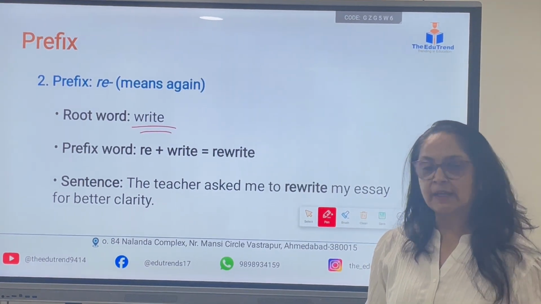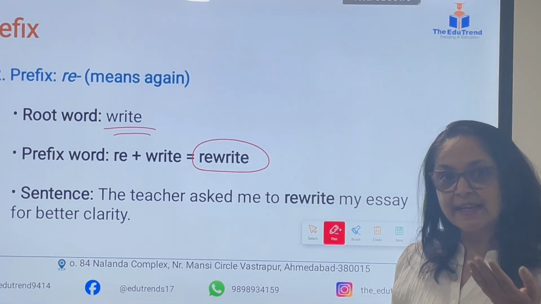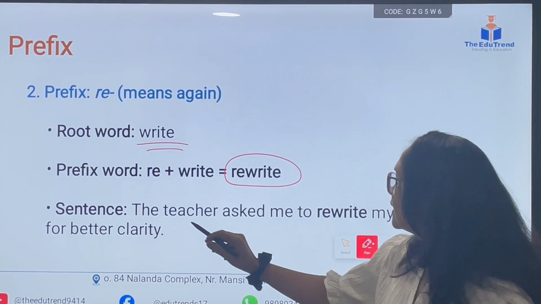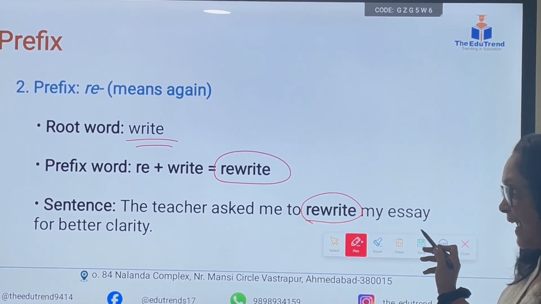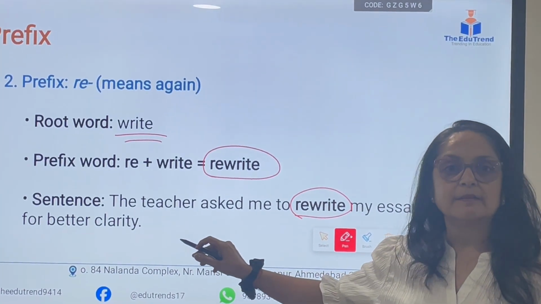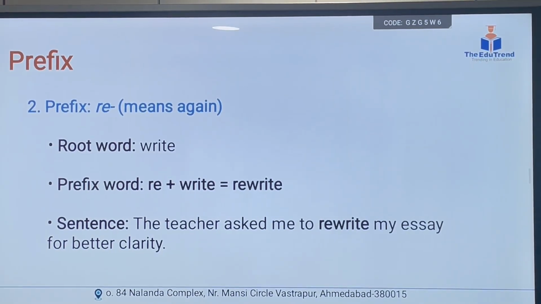The new word that we have learned is rewrite. And the sentence that we have made using this word is, the teacher asked me to rewrite my essay for better clarity. So do you see this? This is how we understand the prefix.